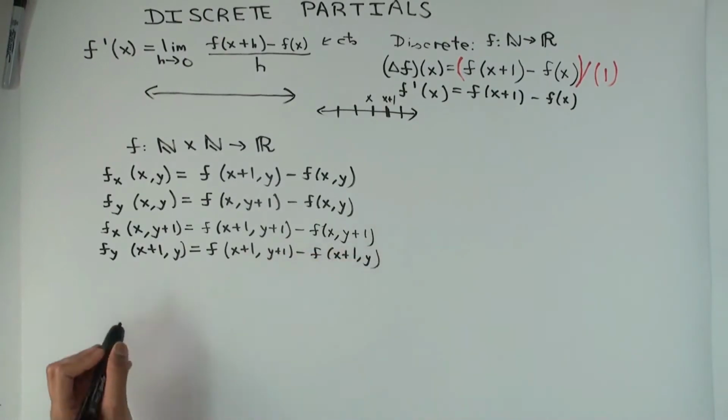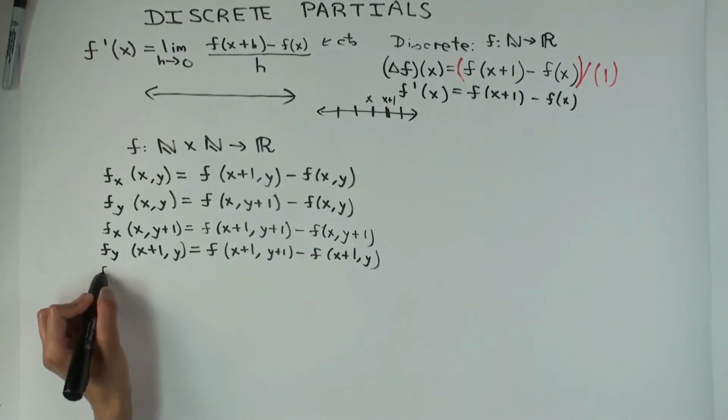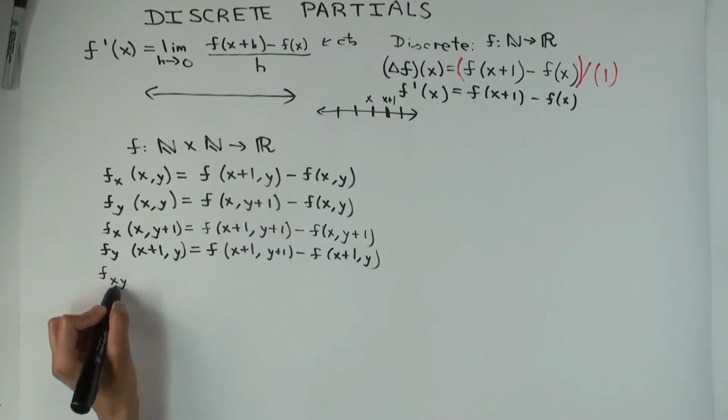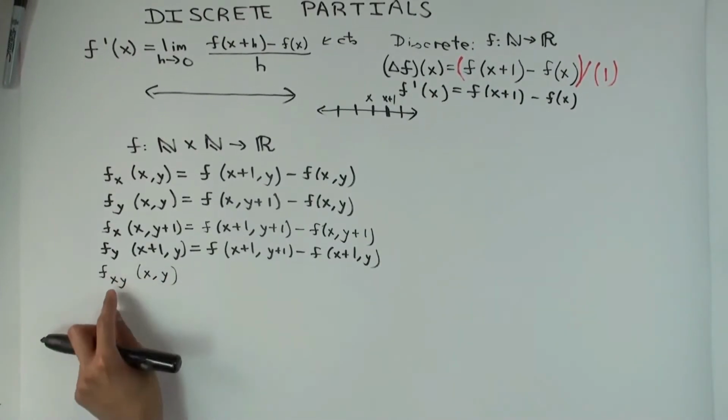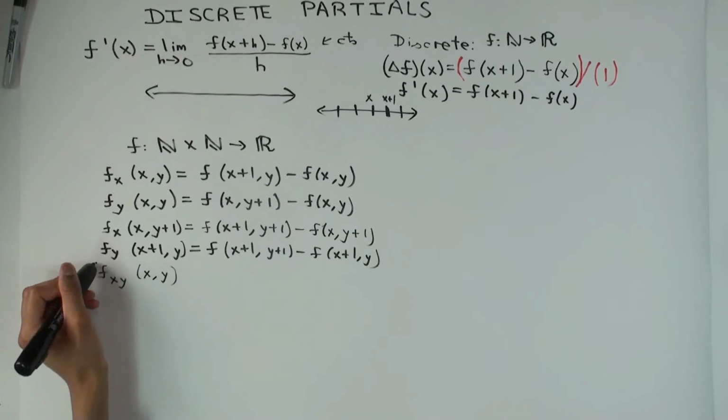Now we are in a position to do f sub x y of x comma y. First, let's think of what's happening. We need to figure out what is f sub x of x comma y.